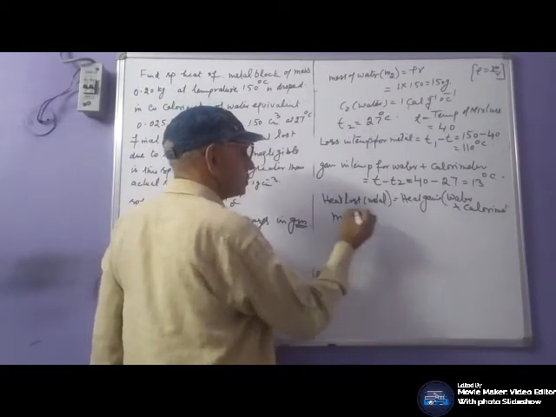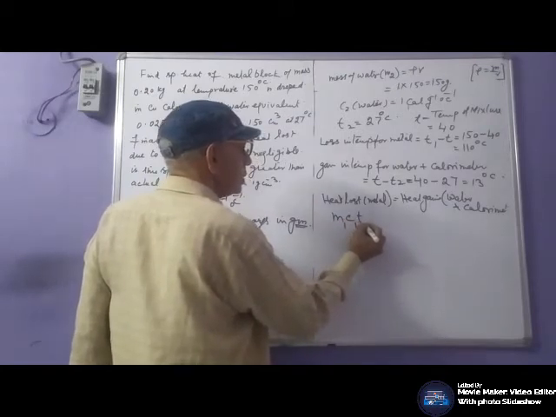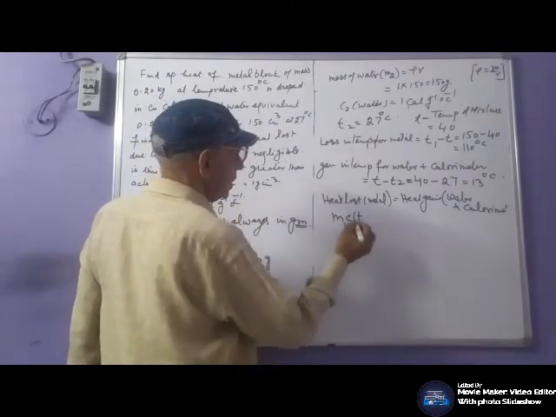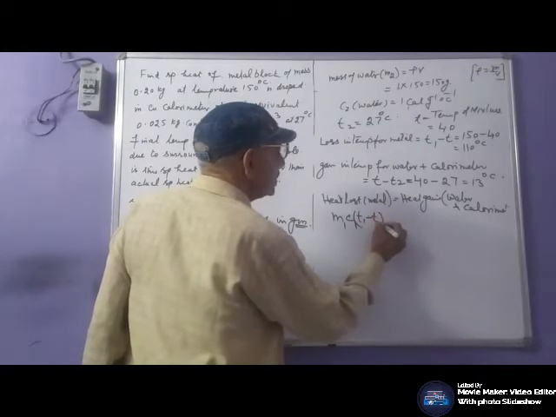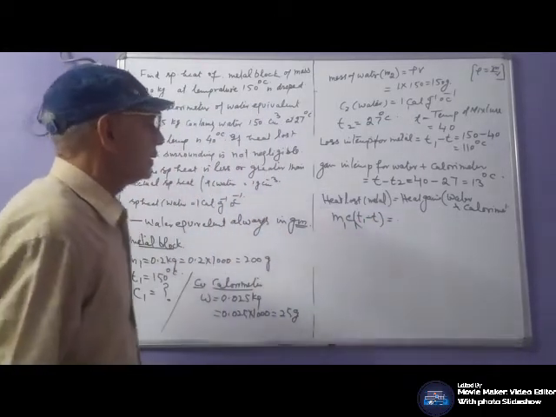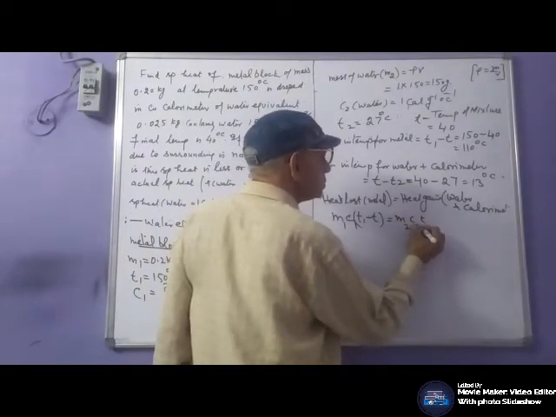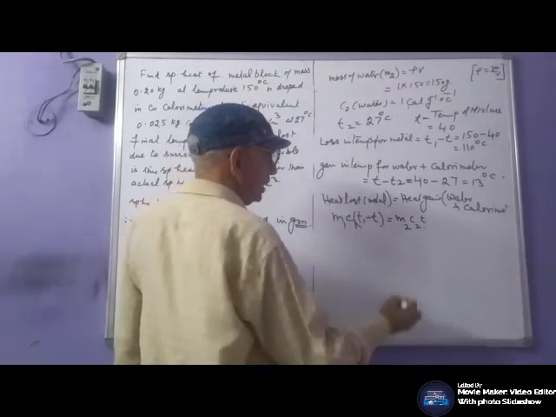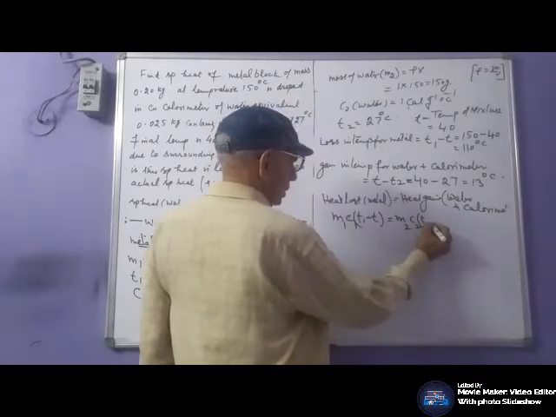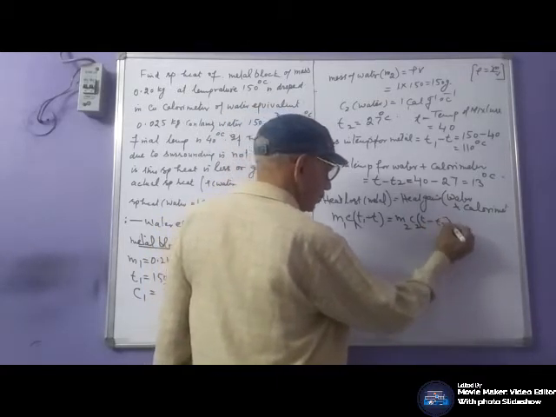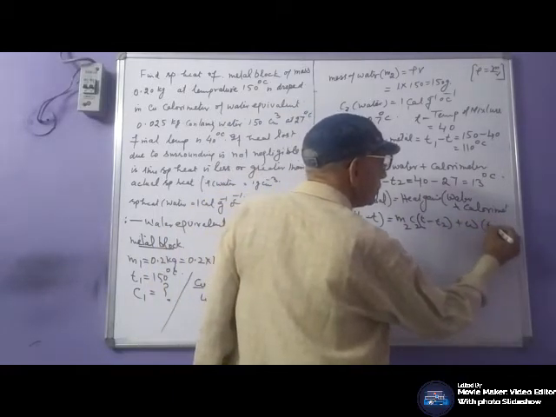Heat lost is MCT for the metal, where T is the fall in temperature, T1 minus T. Heat gained is MCT, where T is the gain in temperature, T minus T2, plus W times (T minus T2).